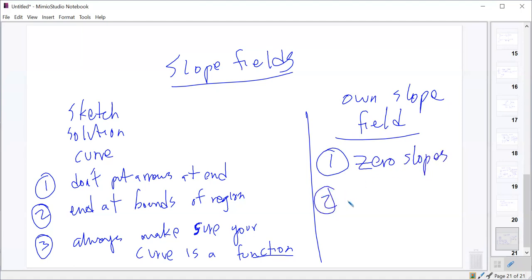The second point is all the other slopes. So make a point to note when your slope field should have slopes of 0 at the indicated points that they give you, and make sure you get those ones correct, because that's half of the points for your slope field when you sketch it. Okay. Everybody good there?